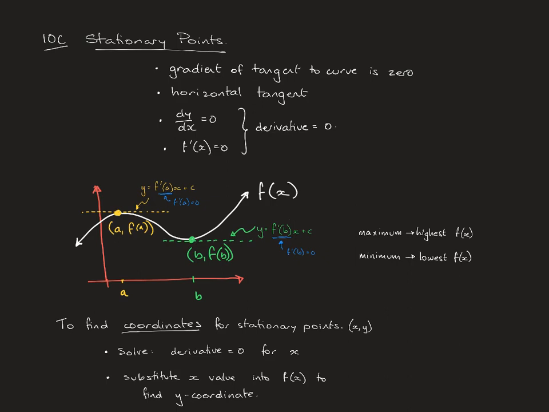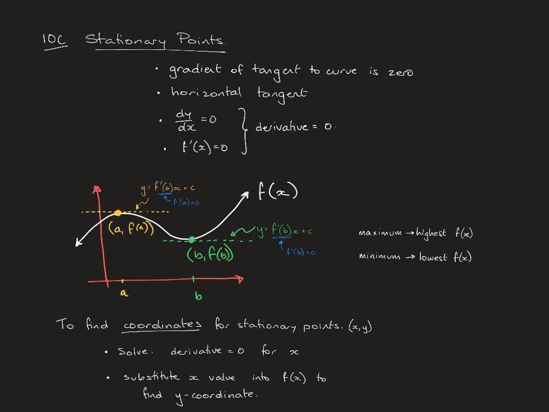At this point, for the equation of the tangent, the derivative evaluated at that point, because the gradient is the derivative, is 0. And the same here. You can see that this point has a higher f of a value than this point here.